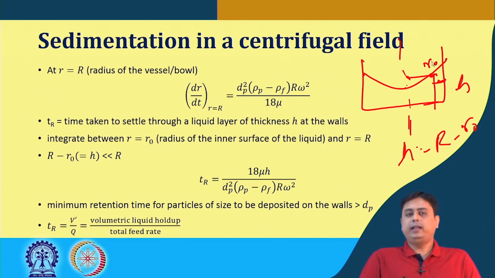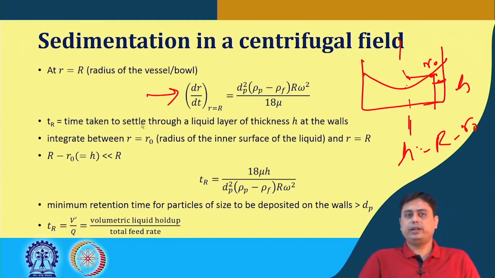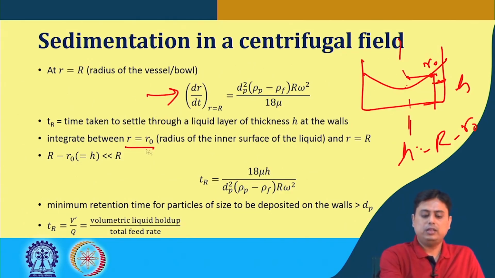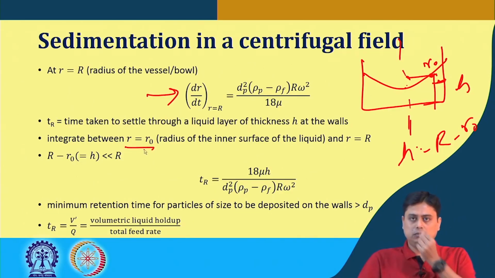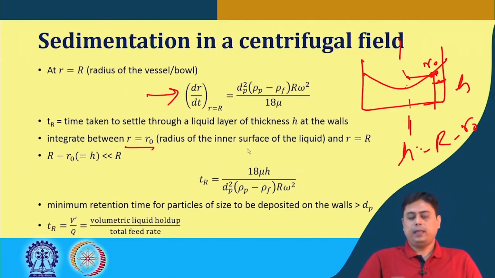So, the time it takes to settle through this liquid layer, this expression has to be integrated in the range of r equals r0, where r0 is the radius of inner surface of the liquid and R, capital R, is the wall.